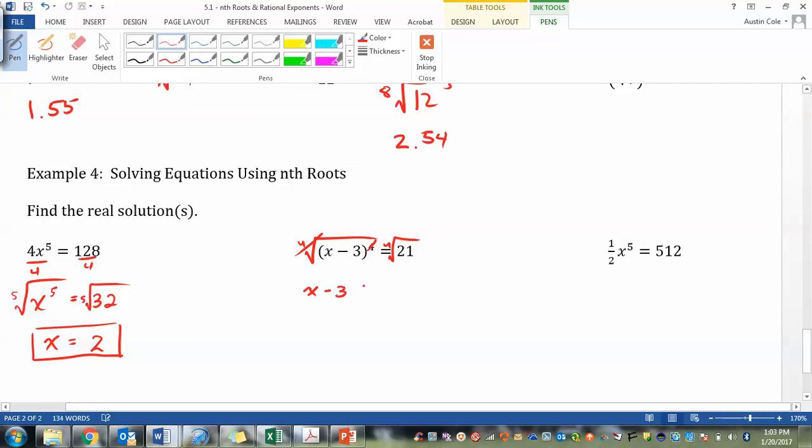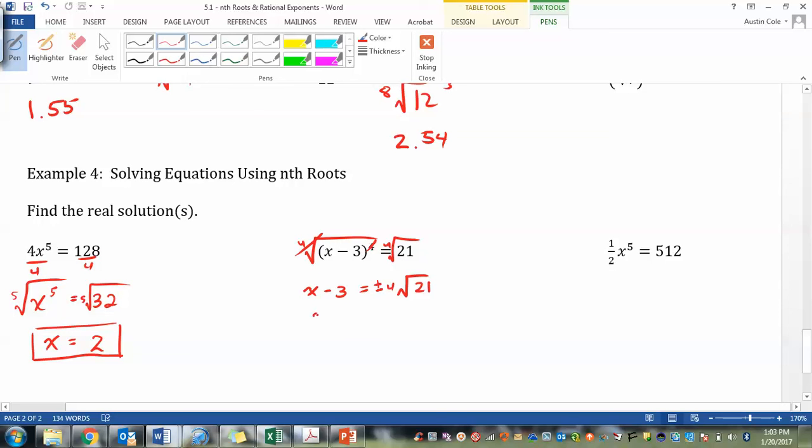And do I know what the 4th root of 21 is? I don't. Okay, so it's going to be a decimal, but I don't want to do the decimal right now. I'm going to do that at the end. So I'm going to have the 4th root of 21. Do I need to do plus or minus there? Yes. I do.